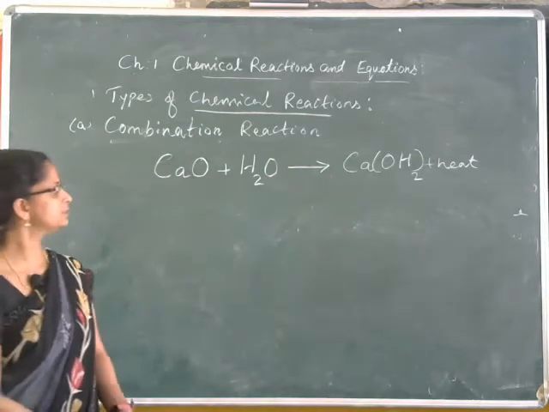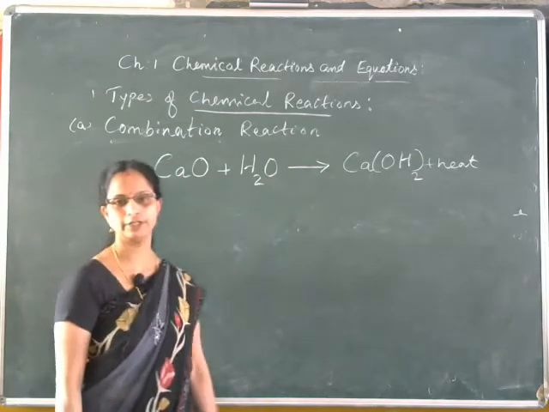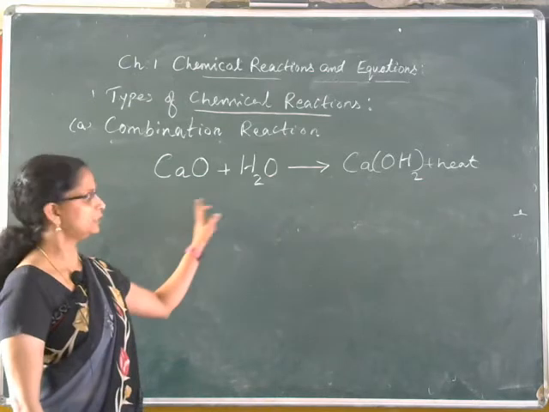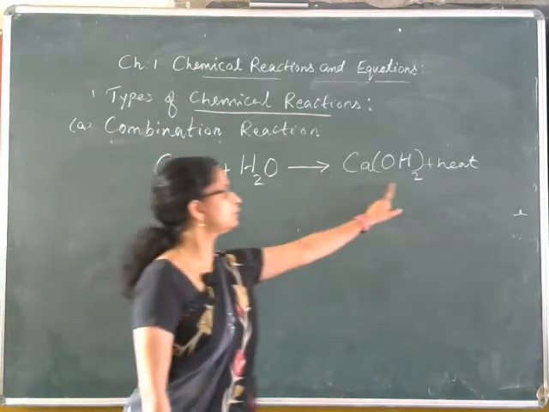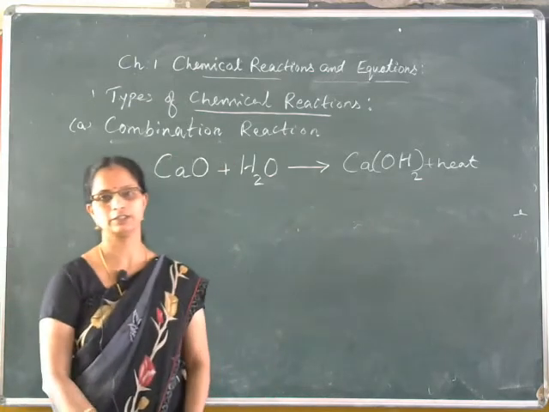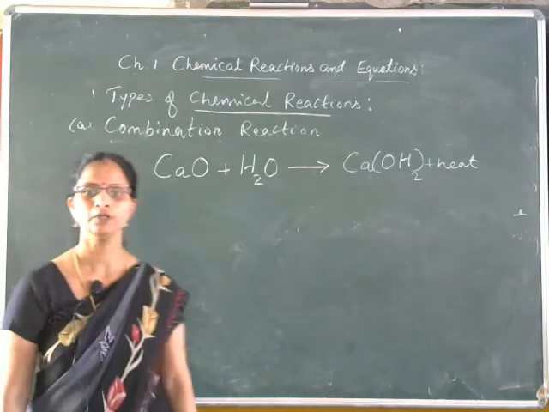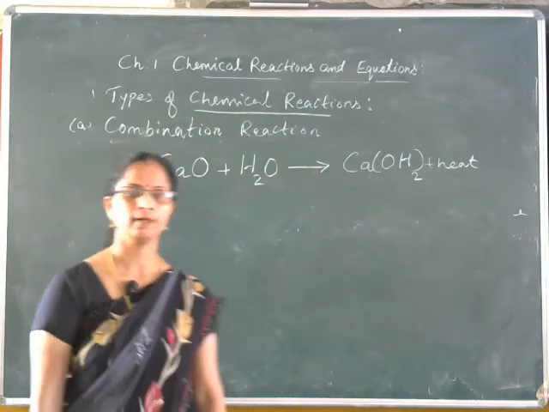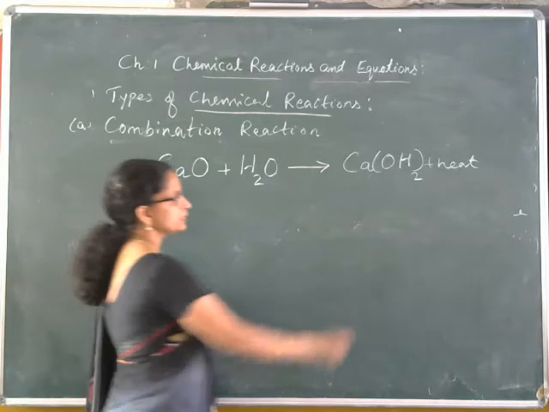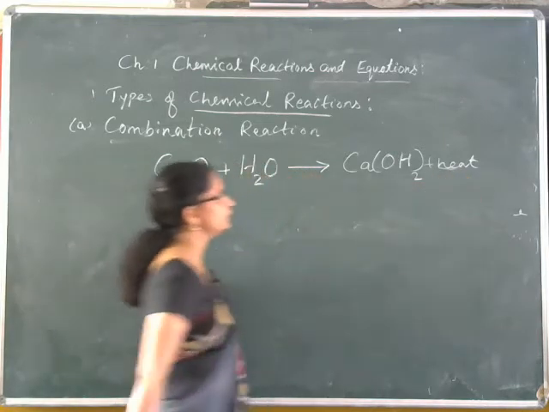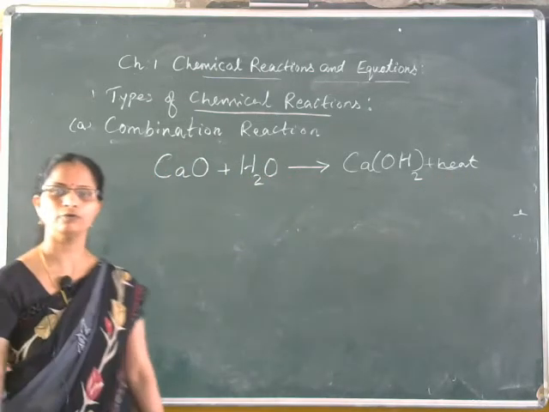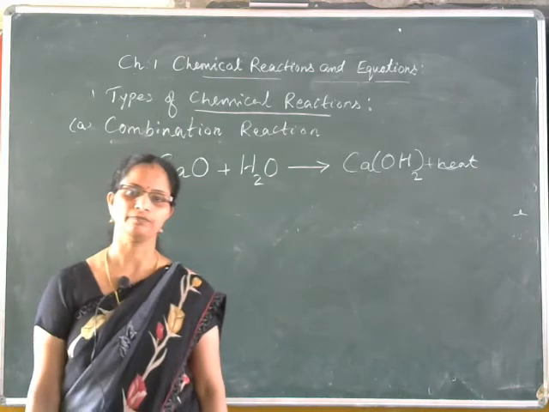And this is an example of a combination reaction where two compounds react together to form a single product. At the same time, since heat is released here, we can say it is an example of an exothermic reaction.